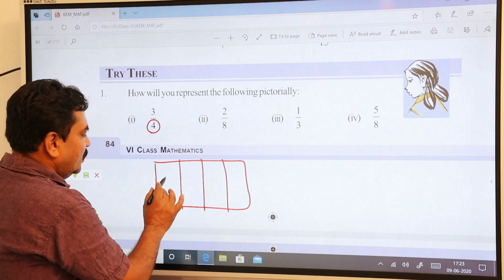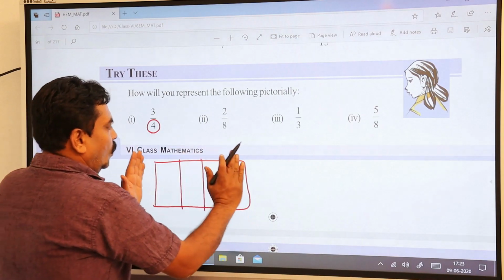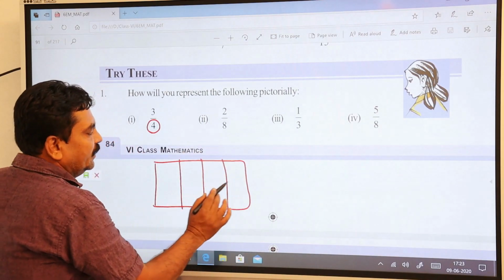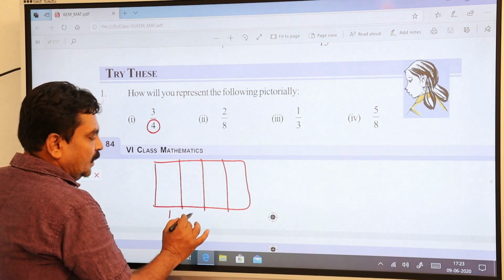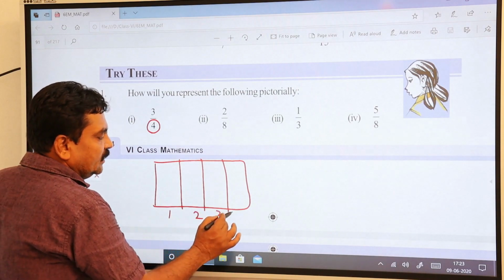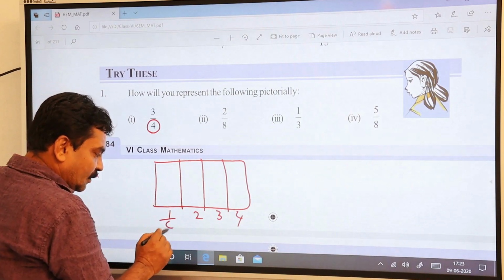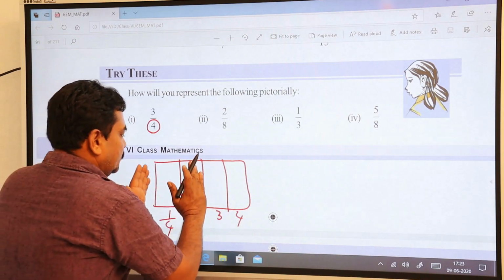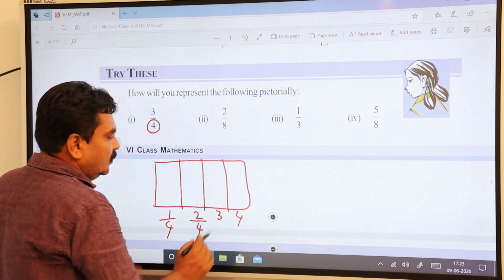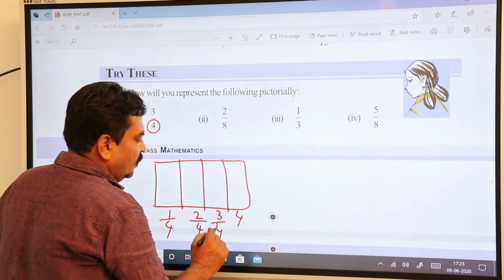So this is your total parts. Out of the whole, how many parts are there? 1, 2, 3, 4 parts. This is 1 part, this is 2 parts, this is 3 parts and this is 4 parts. This single part you call 1 by 4. This you call 2 by 4. This you call 3 by 4.